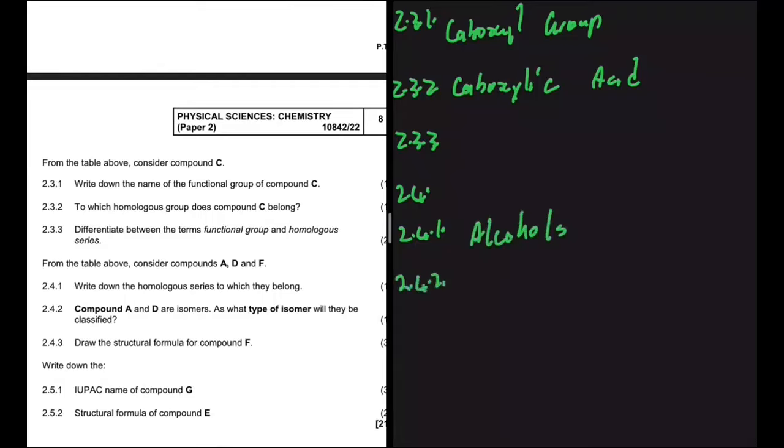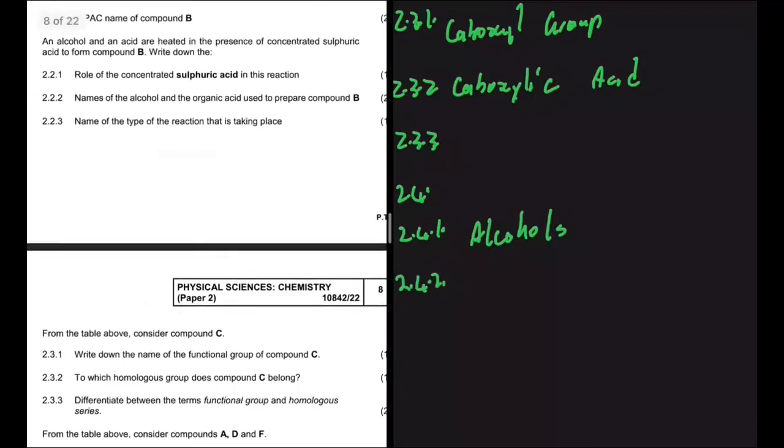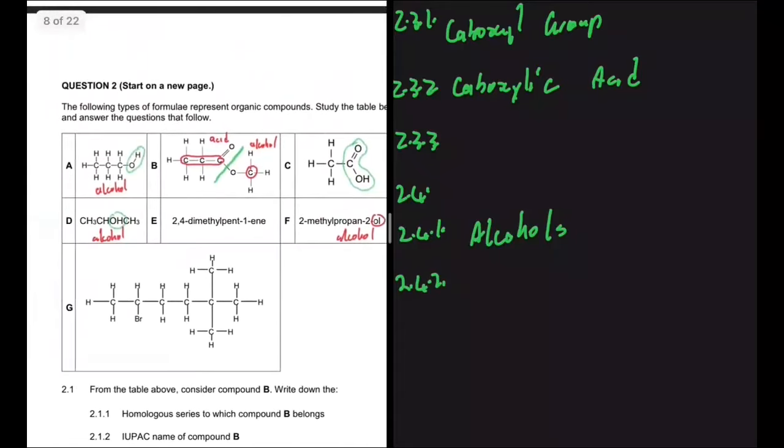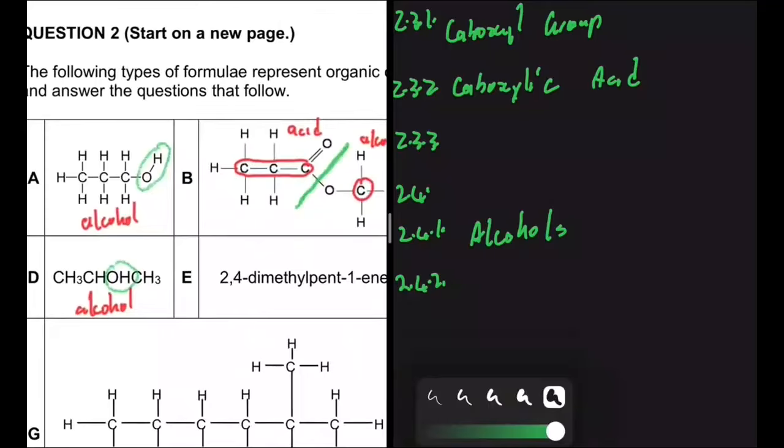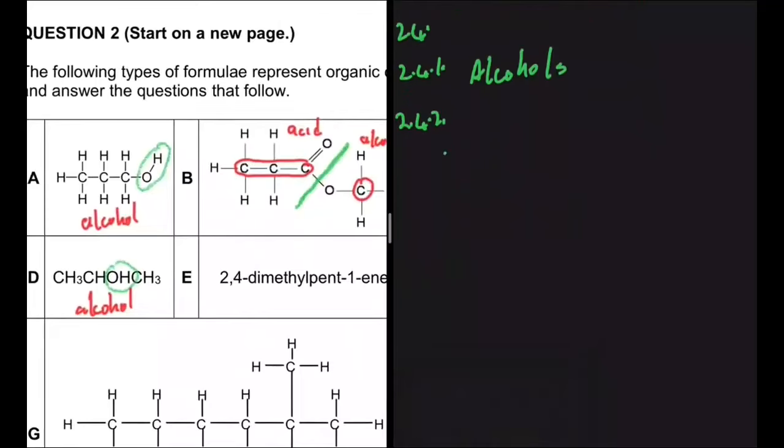2.4.2, compound A and D are isomers. As what type of isomer will they be classified? So let's go to A and D. Let me just write down A real quick for the sake of clarity. So for A, we have something like this. We have hydrogens everywhere else.